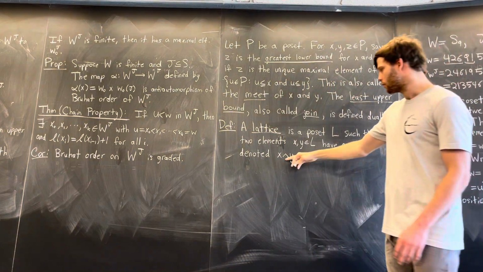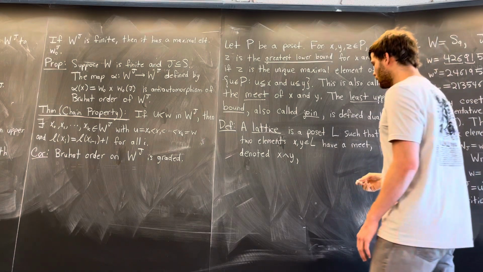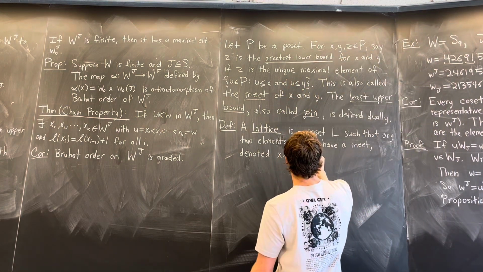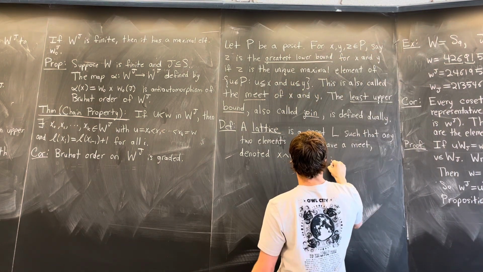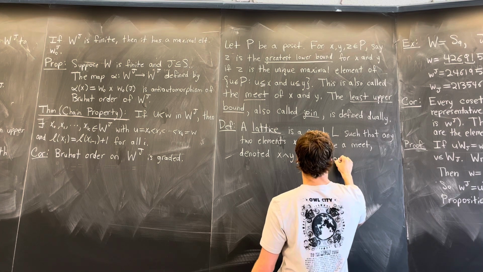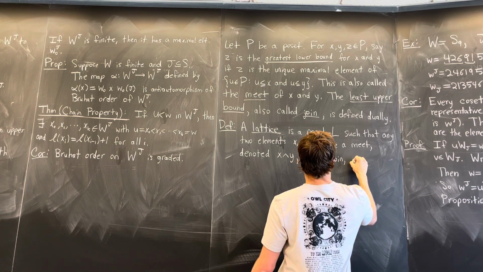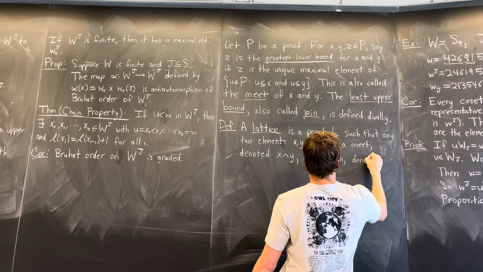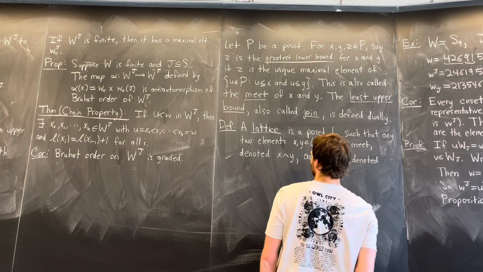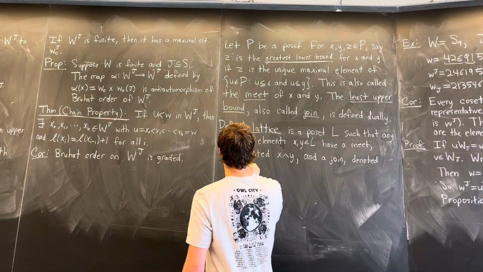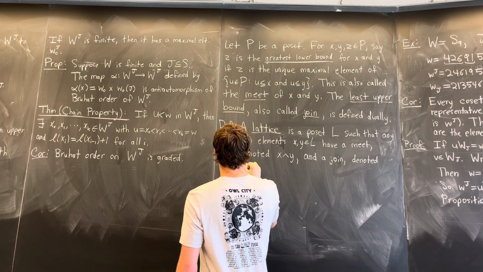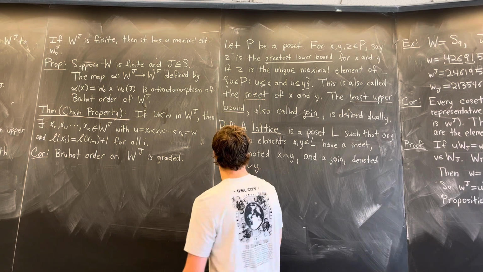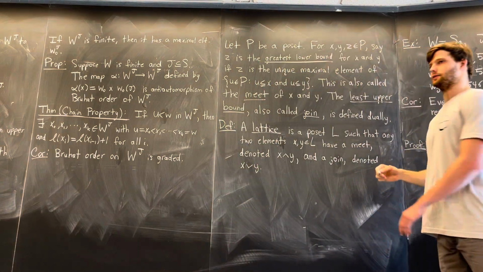This is the greatest lower bound of x and y. And they have to have a join, which is denoted with this V symbol, x V y. Okay?